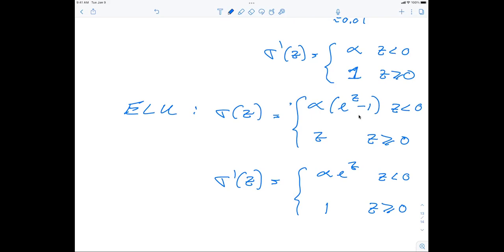So that's the ELU function. The thing which is important with these types of functions is that, one, you have a simple derivative, and it's easy to calculate, and it has the kind of properties we want to have with these activation functions, in particular if we are looking at classification problems.